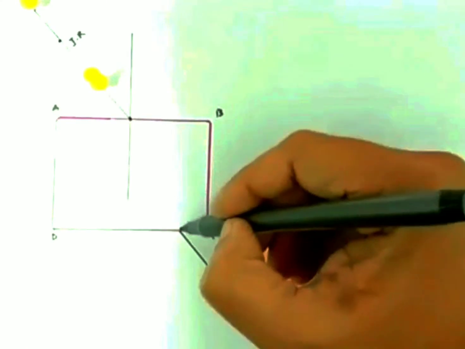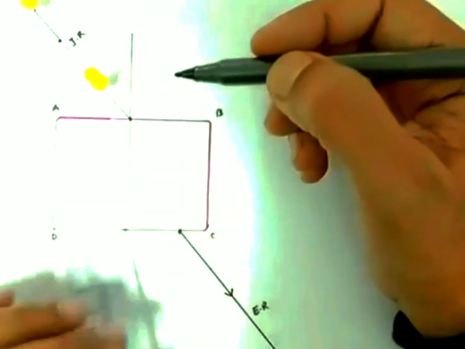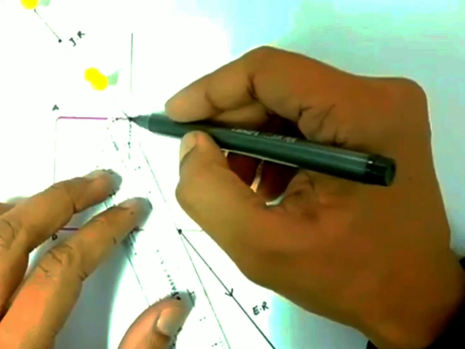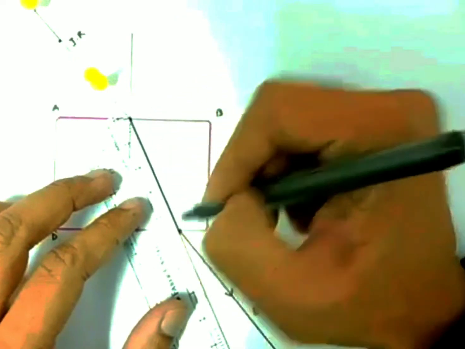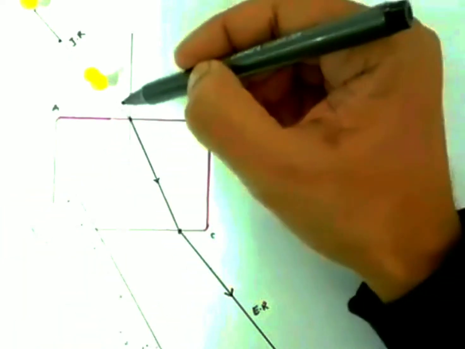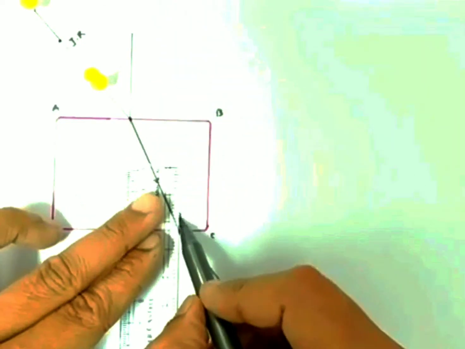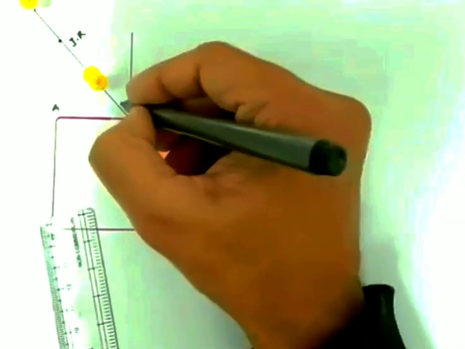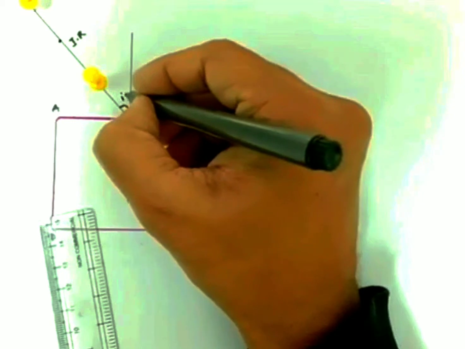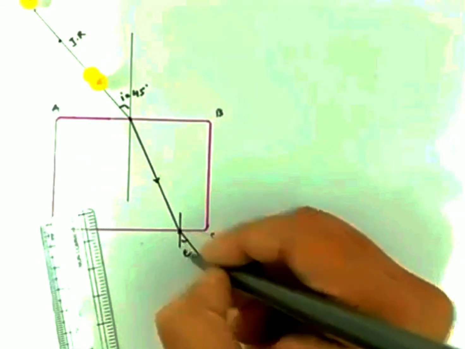Now the point of incidence will be marked as O and the point of emergence will be marked as O dash. We will join O and O dash again with the help of pencil. This will be considered as the refracted ray. Now we will draw one more normal at the point of emergence. Now this is our angle of incidence. Let's say it is 45 degrees, and this is the angle of emergence. This is the angle of refraction.